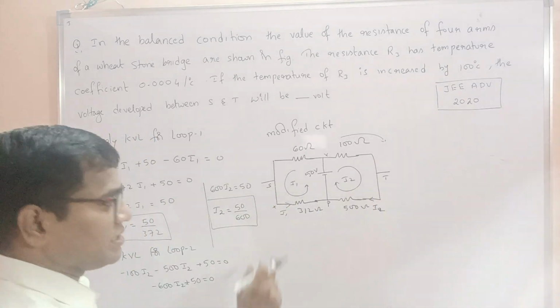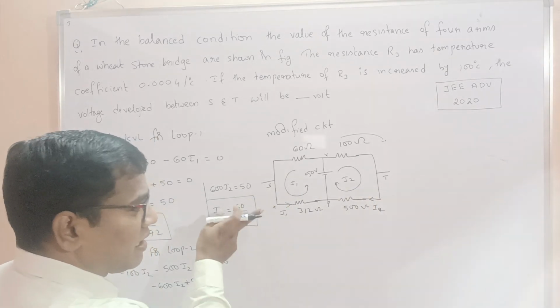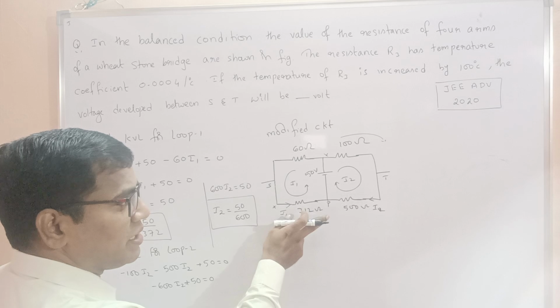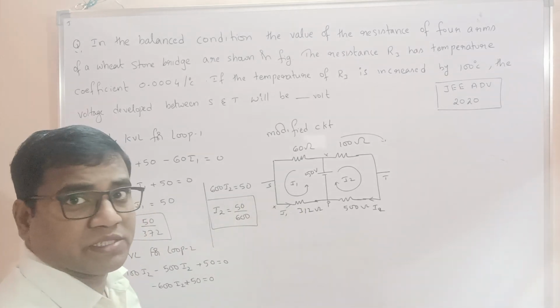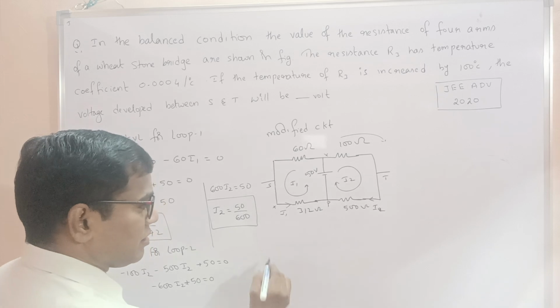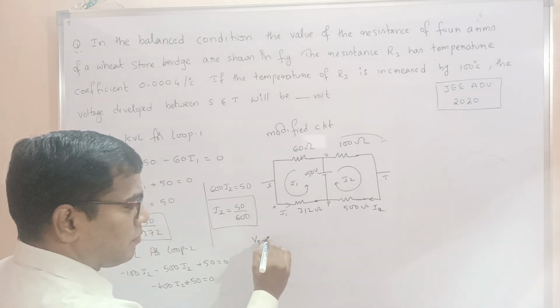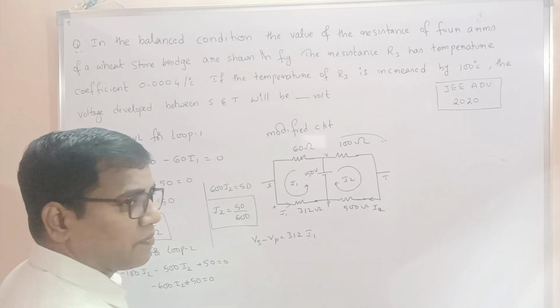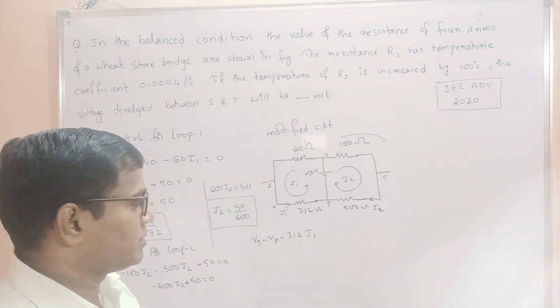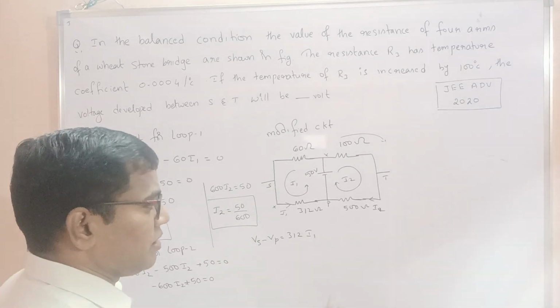Finally, I will calculate the potential difference between S and T. Just see. In this one, current is moving in this direction. So absolutely, S is at higher potential, and P is at lower potential. So I will write Vs minus Vp is equal to 312 I1.